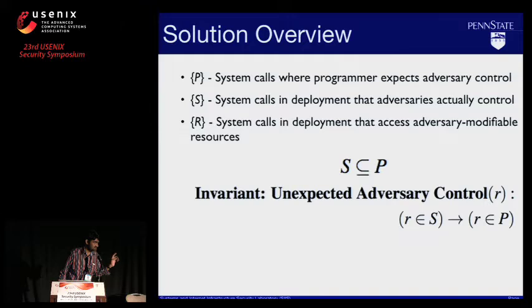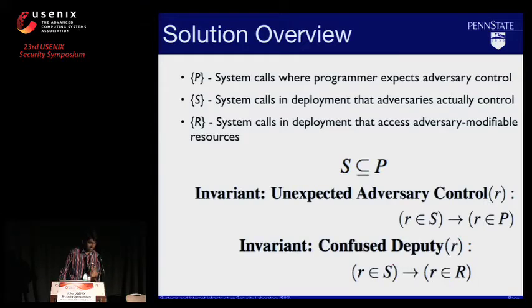So more formally, it is this thing. And for the confused deputy, what we say is that if indeed a resource access does end up being controlled by the adversary, then it should access only resources that are also accessible to the adversary.